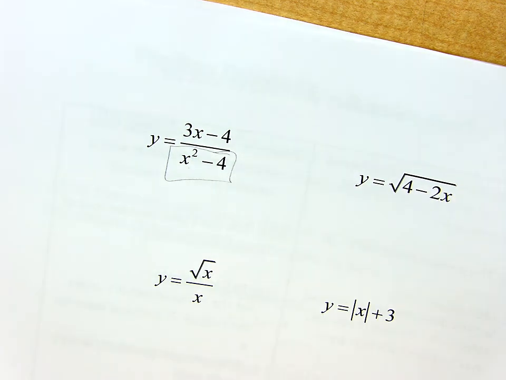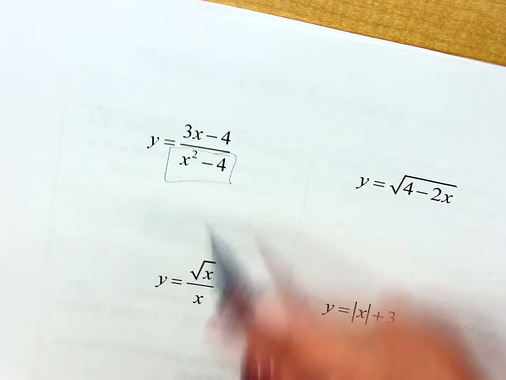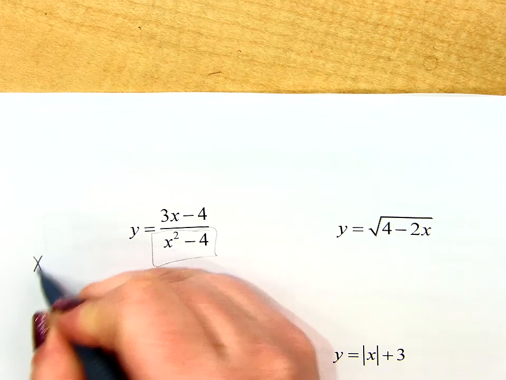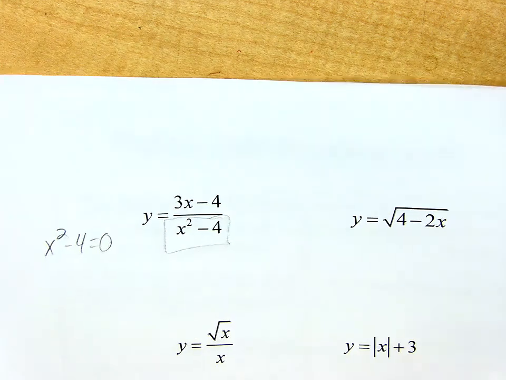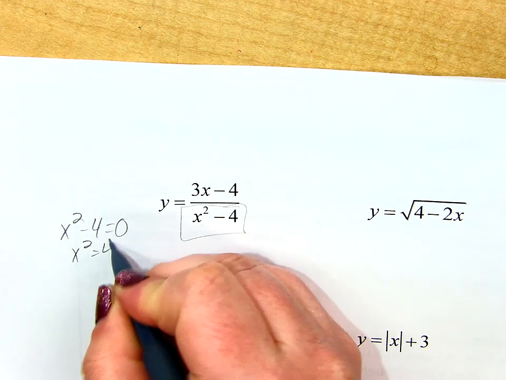Whatever comes out cannot be in my domain. I don't care about the numerator. The numerator can be whatever it wants to be. It doesn't matter. I don't really care about it. It's the denominator that I'm nervous about. So I'm going to take that denominator, x squared minus 4, set it equal to 0, and then I go ahead and solve. So I'm sure you probably already have the answer.